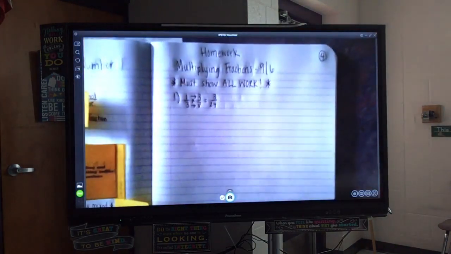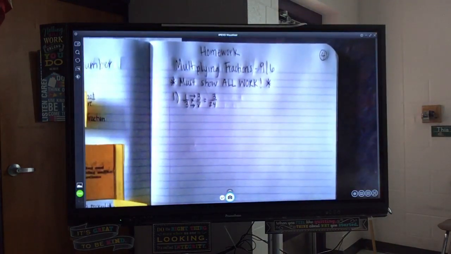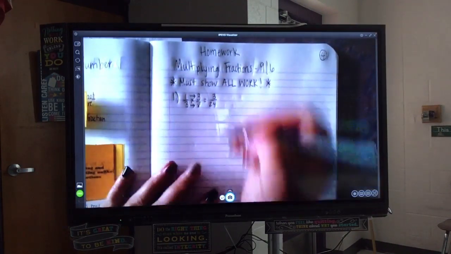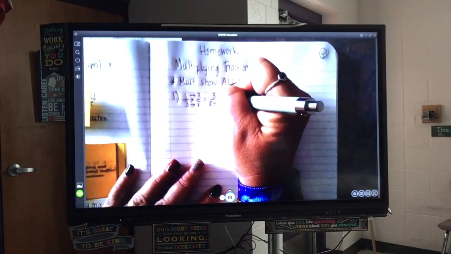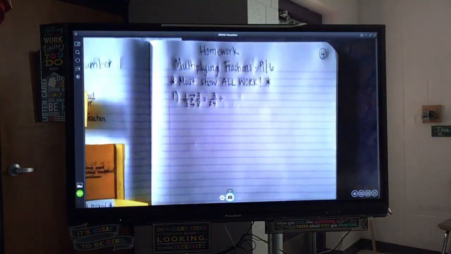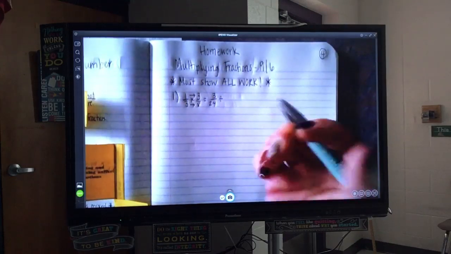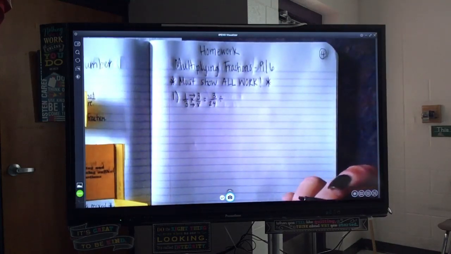Now, are we leaving our answer as 3/24? Okay, what are we going to do? Right, but what are we simplifying by? What goes into both 3 and 24?